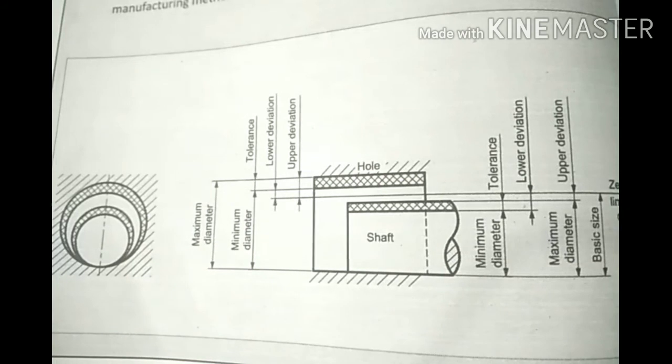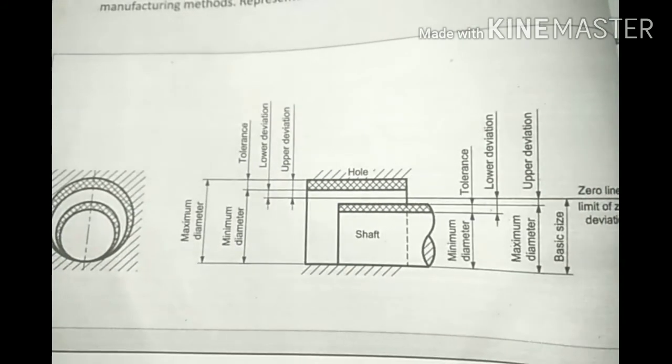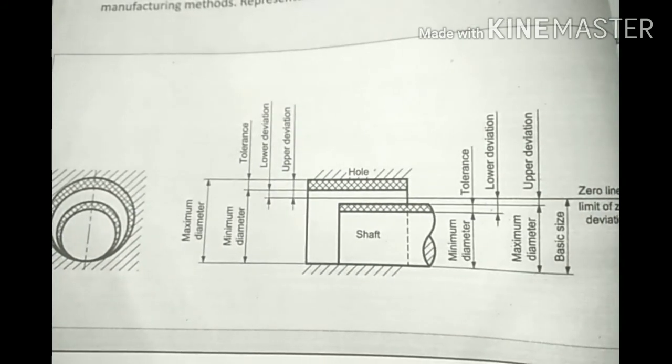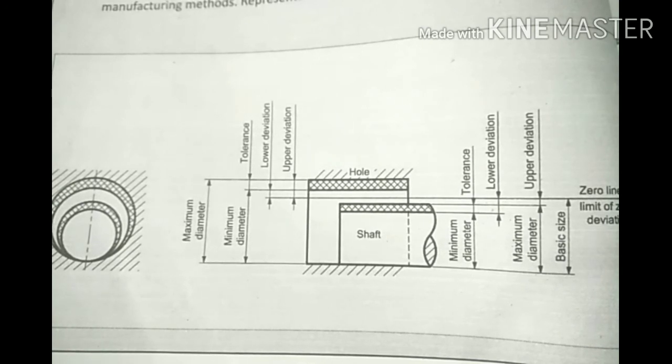What it means to say, in industry, suppose you want to produce a shaft of diameter 20 and length 100. In actual practice, it is not possible to make the shaft of exact 20 mm diameter and exact 100 mm length. There will be some plus or minus.